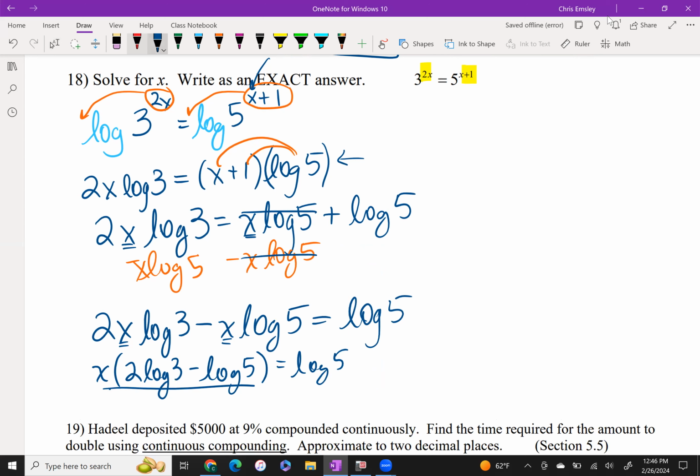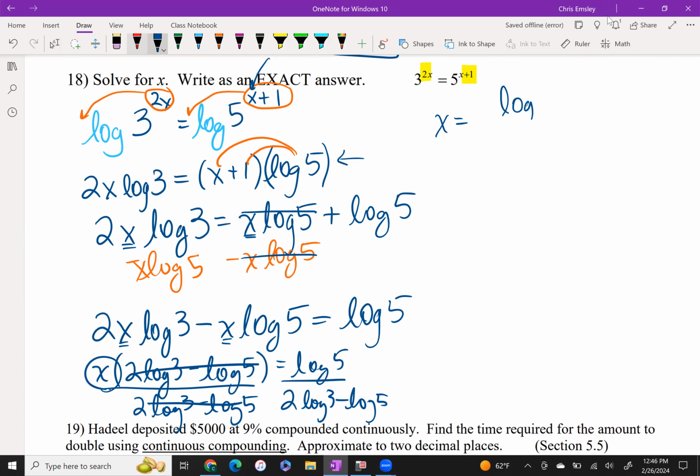So I'm going to divide both sides by 2 log 3 minus log 5. Over here on the left, they cancel, and we have solved for x. And then over here on the right, we have our answer. Now we are going to rearrange that just a little bit. So we have x equals log 5 over 2 log 3 minus log 5.